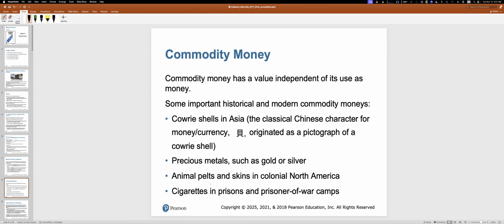Because they would have a pretty stable value. You can divide it, right? You could say I have 100 minutes on this burner phone account card, and I'll trade you this for 3 minutes of it, right? Or postage stamps have a pretty stable value. You can't really rip them up into pieces, but you can imagine if you had an entire book of stamps, you could kind of break it up into something more.